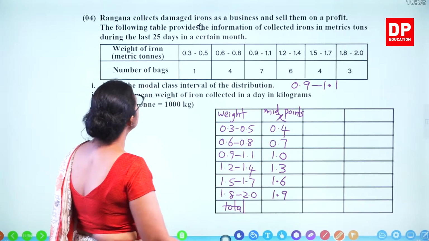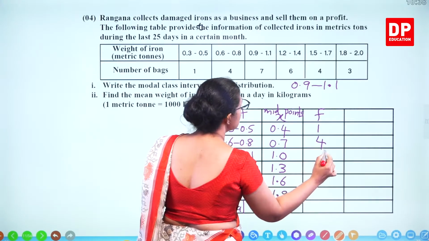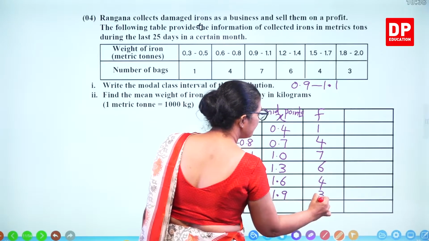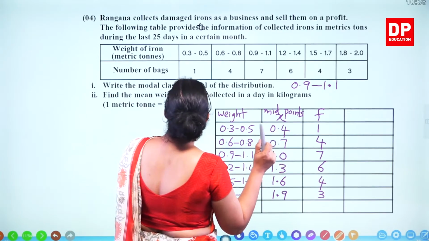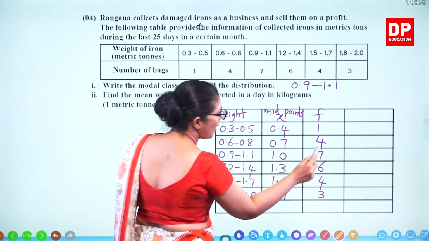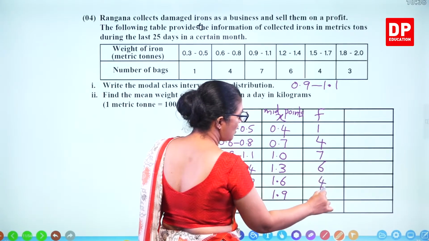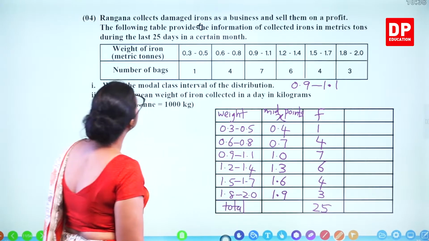And then the frequency is given: 1, 4, 7, 6, 4, 3. What's the total altogether? 25. Just check. 11, 12, 22, 25. So 25 days.